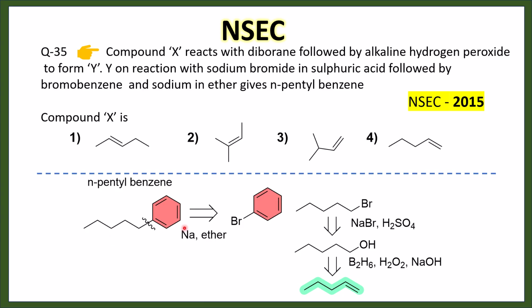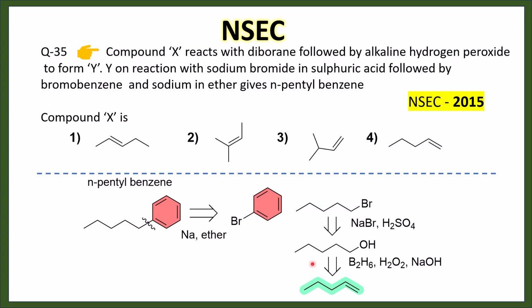This is N-pentyl bromide. In the sodium ether reaction, bromobenzene is treated with this pentyl halide, and as it is derived from treatment of the alcohol with sulfuric acid and sodium bromide, it is N-pentyl bromide. That's why it is formed by the Wurtz reaction.